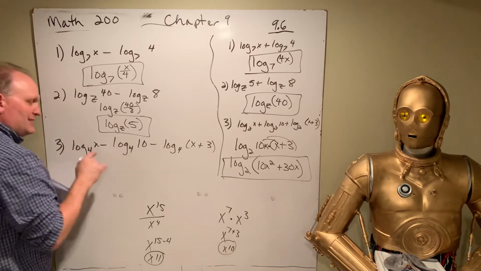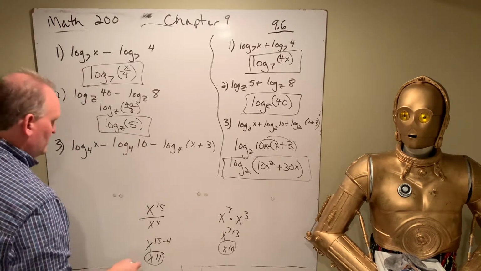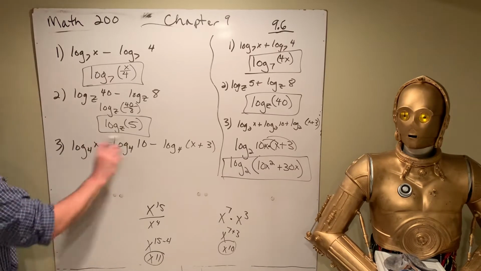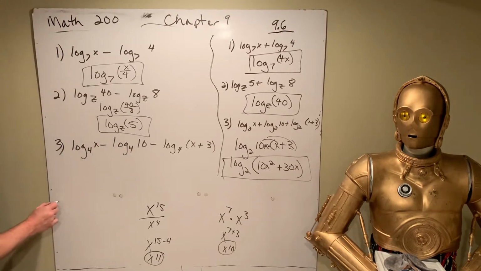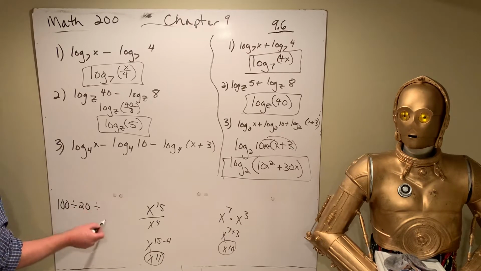All right. This one is tricky because there's two divides. It's divide, divide. So again, let's look back at something less abstract than logs. What if I had 100 and then I said divided by 20 and then I said divided by 5?